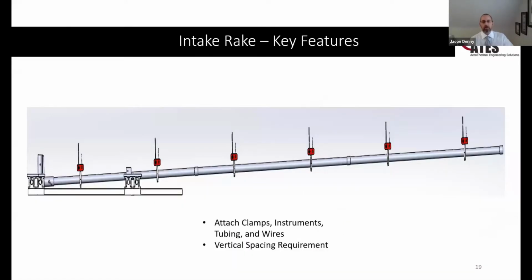So now I'm going to go over the key features of our design. So after the base is assembled inside the test cell, the mast that we have is able to lay down on the ground, and this will allow the operator or whoever's putting it together to attach the instruments along the mast.